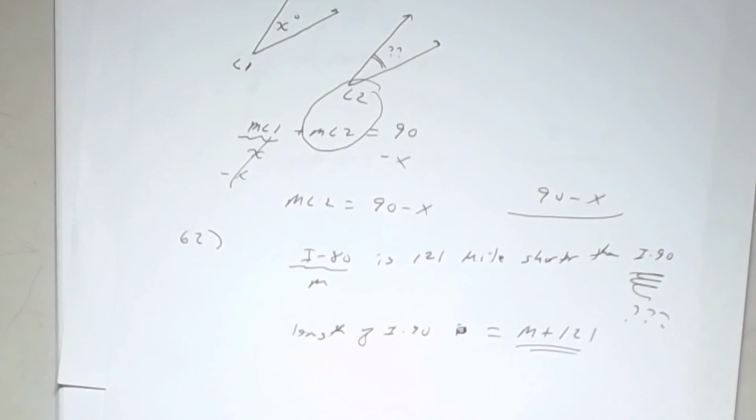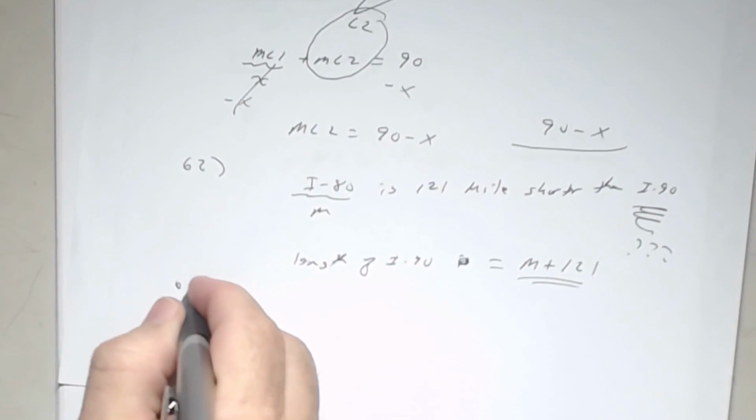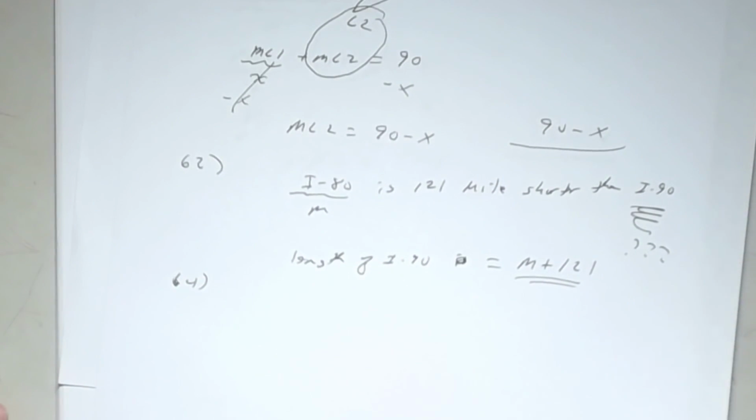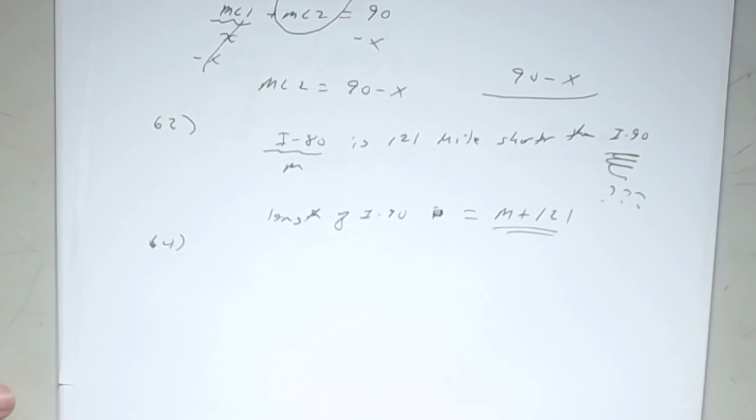All right, 64. Okay, so in 64, the largest meteorite in the world is Hoba West.